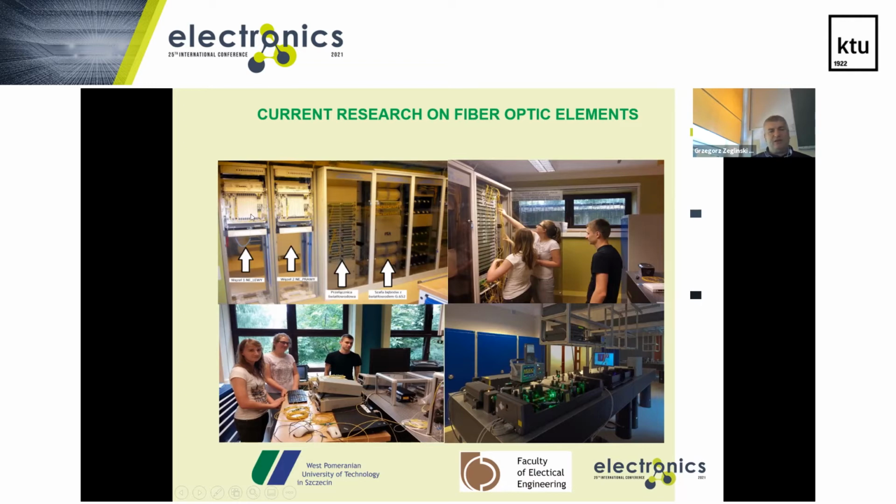Actually, we have 88 wavelengths in the C-band. For 10 gigabits each, it gives approximately 1 terabit, exactly 880 gigabits per second. It's possible to use this system for 40 gigabits per second.